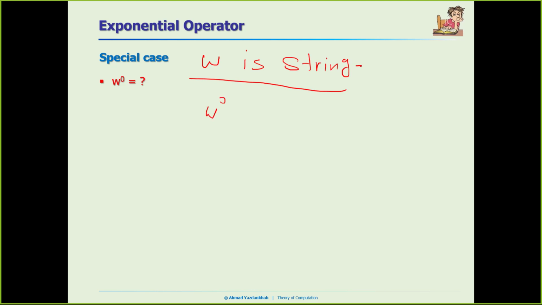We know W square means WW. And we know W to the N is N copies of W, right? The question is, what is W to the 0?